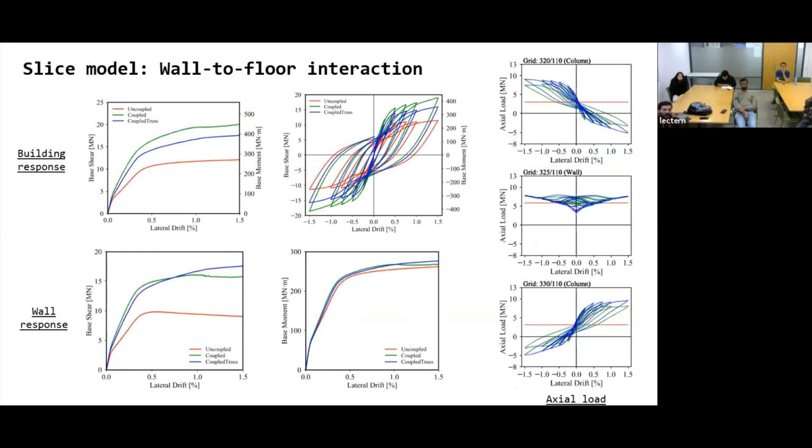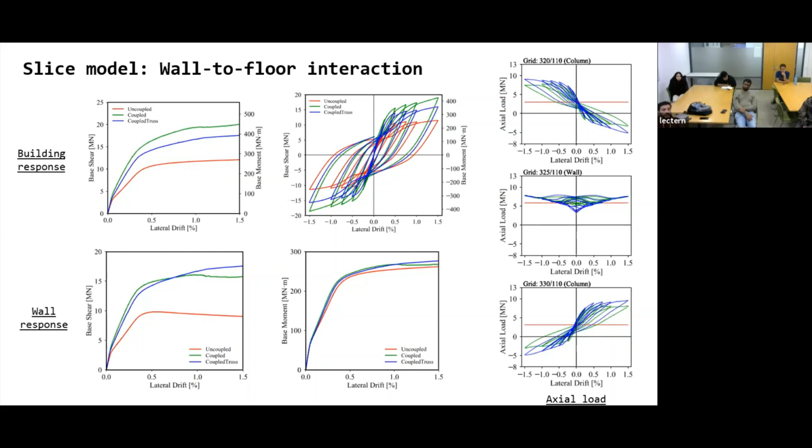These are the results of the wall-to-floor interaction. In terms of the building response, these are just some selected results, not all of them. There are a lot more results. I'm comparing 3 buildings. It's the same slice building, but the red curve doesn't have a floor system.